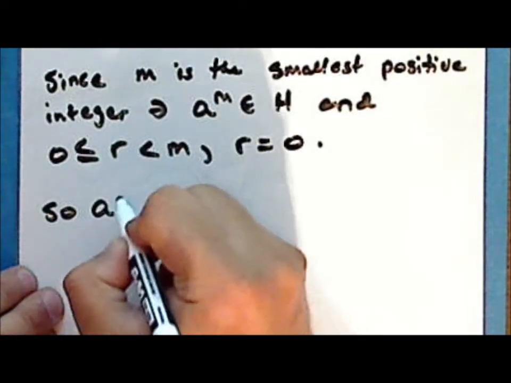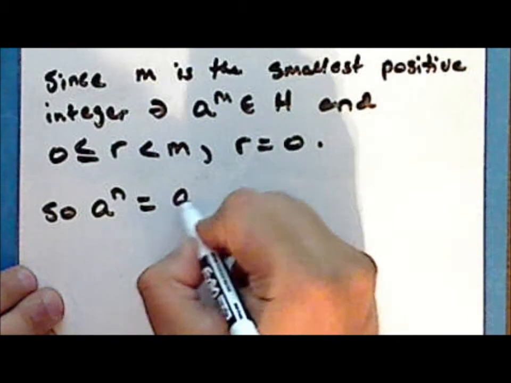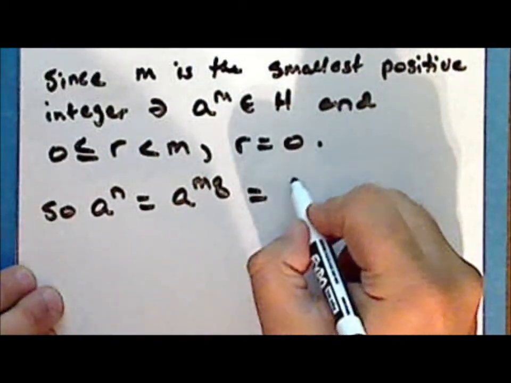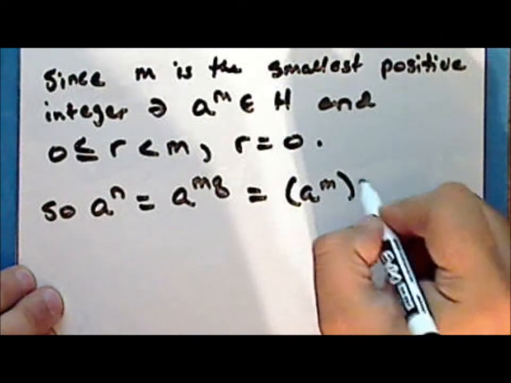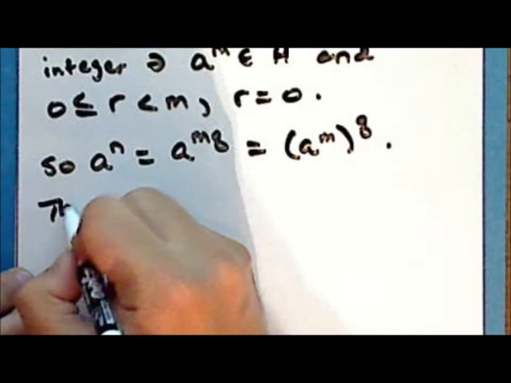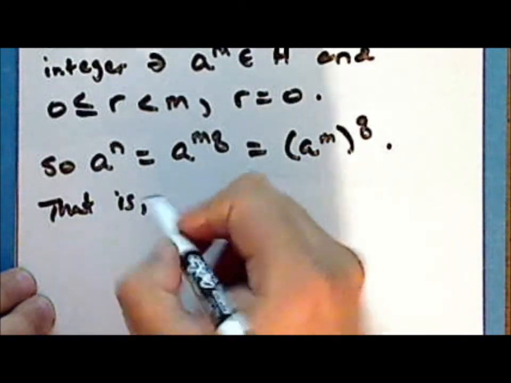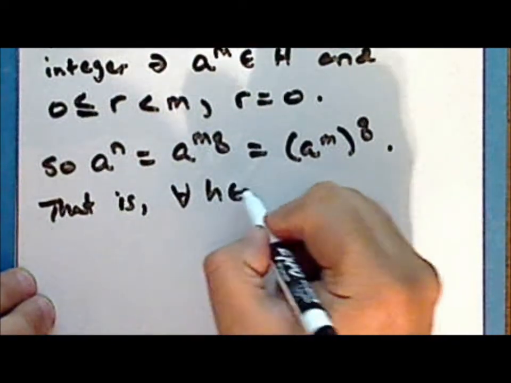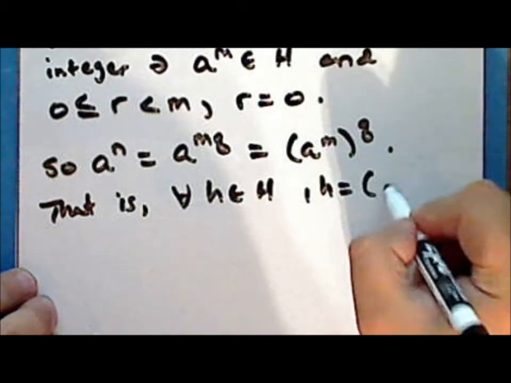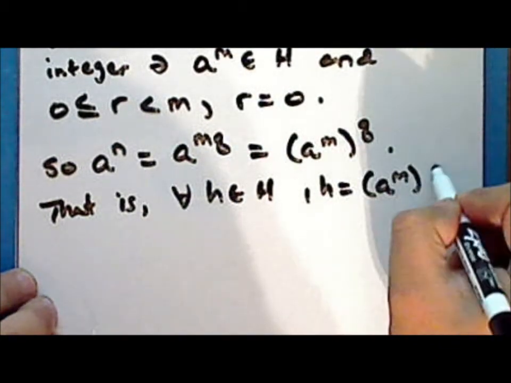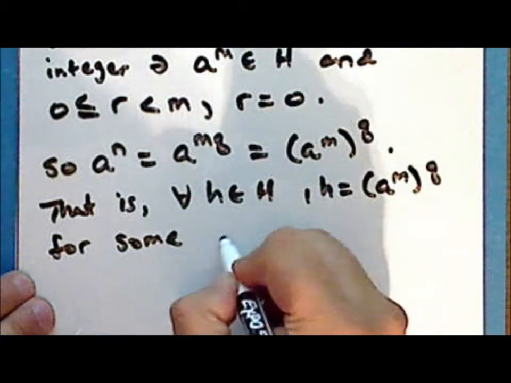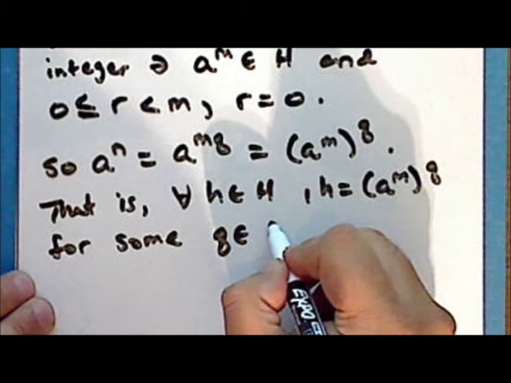And so a to the power of n is equal to a to the power of m times q, which is (a to the power of m) to the power of q. That is, for every element h in the set H, that element is equal to (a to the power of m) to the power of q for some integer q.